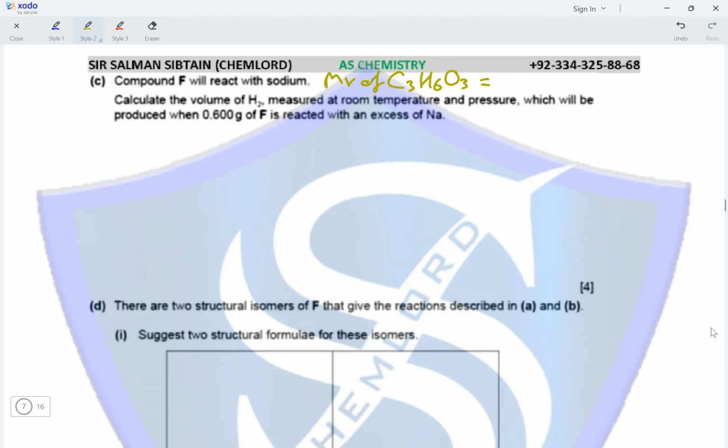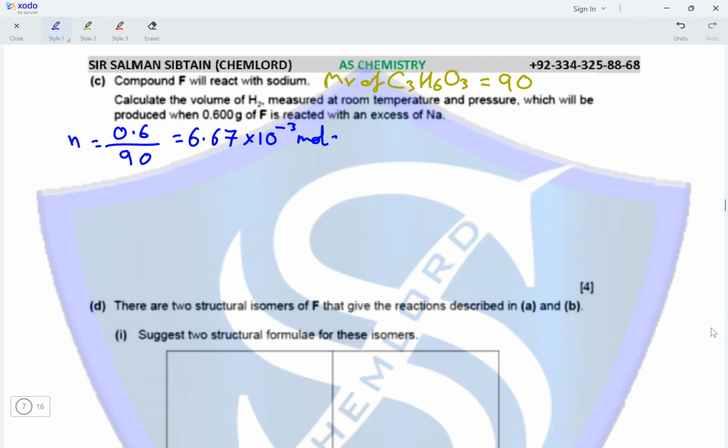That would be 48, plus 6 gives 54, plus 36 gives an Mr value of 90. To calculate the moles, we have mass upon Mr. So 0.6 upon 90 gives us a mole value of 6.67 × 10⁻³ moles.